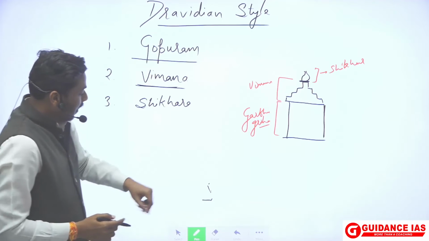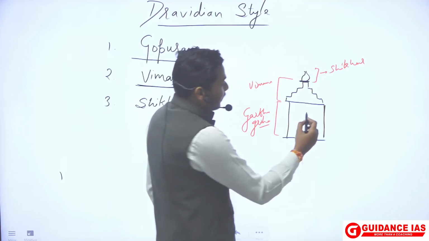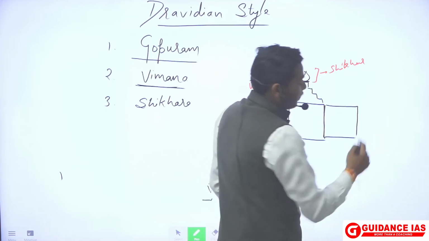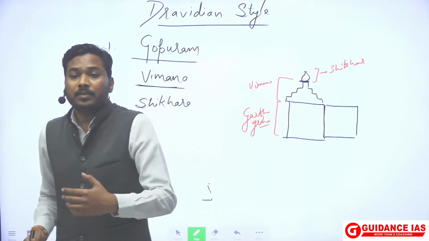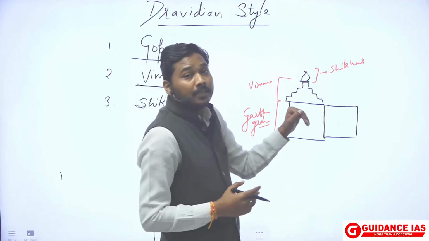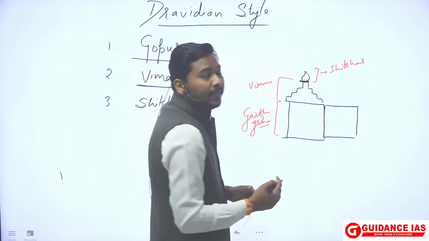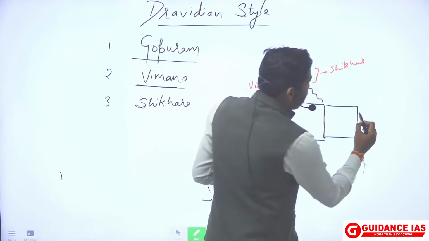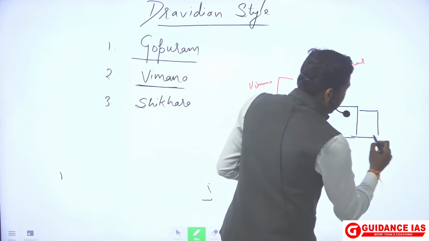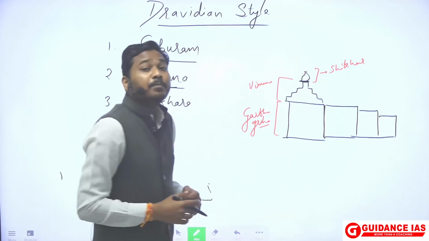Clear? Now, after this, there is the mandap. What is different between Nagar and Dravidian is that in Dravidian style, sometimes there is not only a mandap present, there is also an Ardh Mandap, clear, and another mandap, Bhog Mandap, is also there.